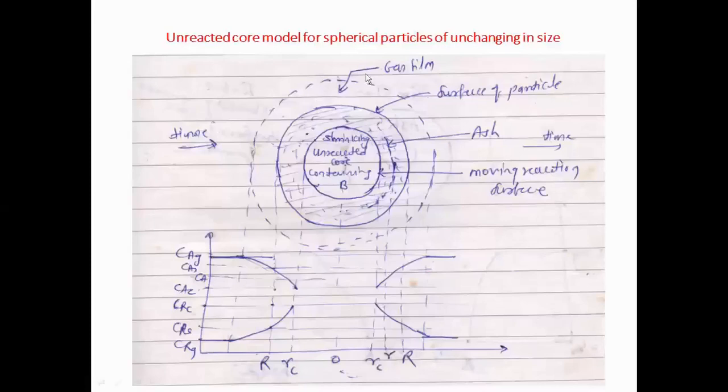Whatever product is on the surface of the particle diffuses back through the gas film and is added to the bulk of the gas. So these are the 5 steps.